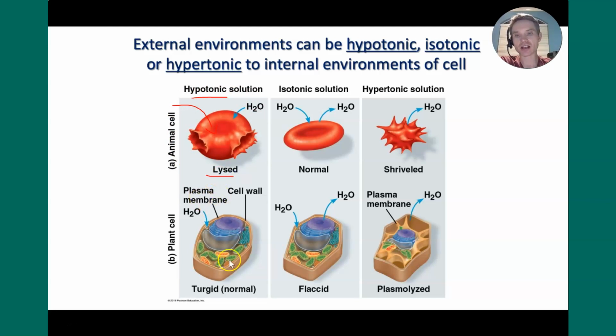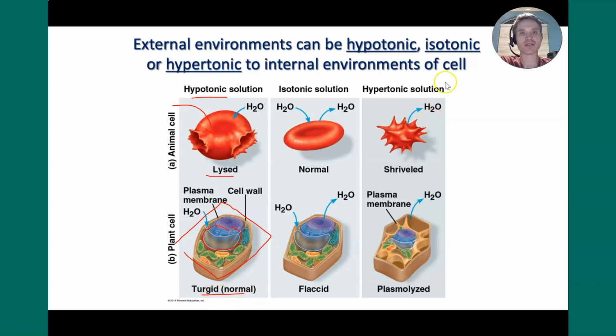Whereas the plant cell has a big central vacuole that fills with water. However, outside of the plasma membrane is the cell wall, and that protects the cell from exploding or lysing, such as an animal cell. And so in this situation, we would assume that this cell is under turgid pressure.